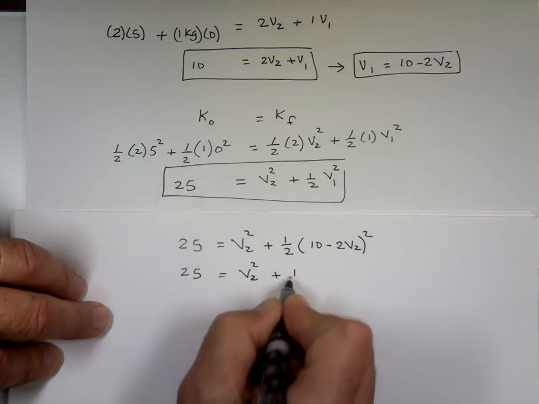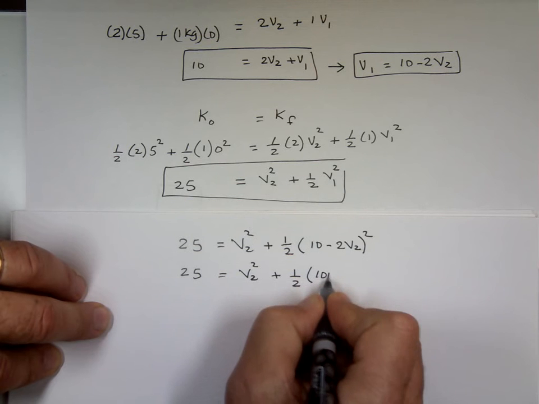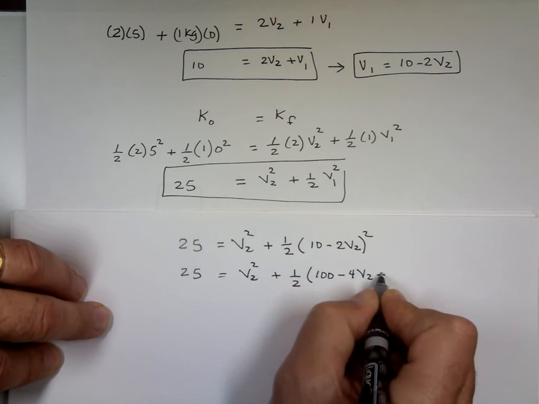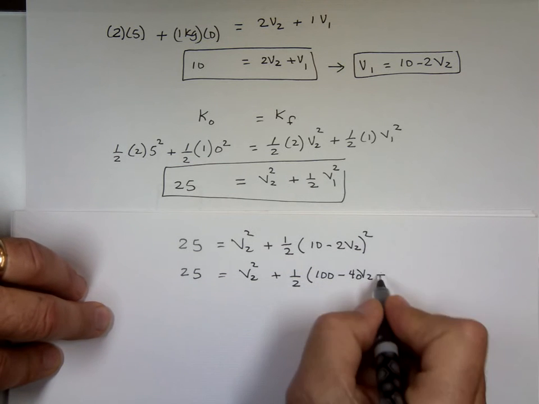Let's FOIL this, multiply it by itself. That's 100 minus 40 V2 plus 4 V2 squared.